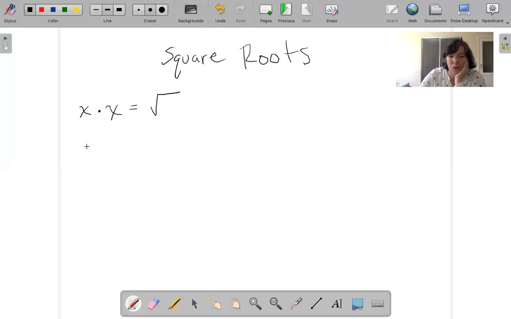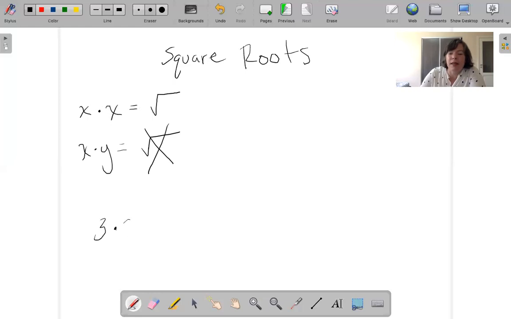So we can't do x times y. That doesn't work. That is not a square root. Mrs. Gibbons, why in the world are you involving x's and y's in this? Let me tell you why. Because they have to be the same.